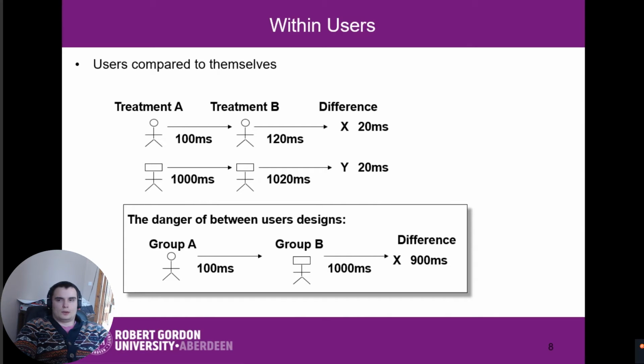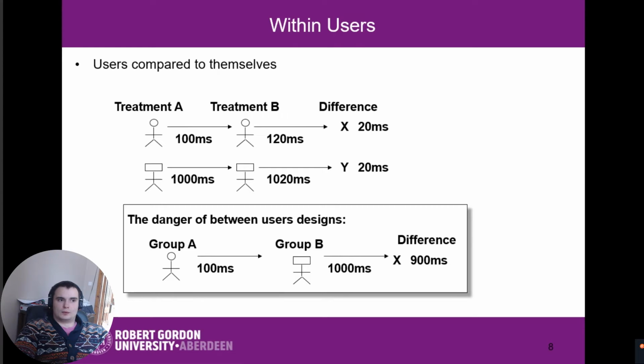They are the people with hangovers. It takes them a second on average to work in treatment A, and then in treatment B, it takes them 1,020. But subtract one from the other, and you get the same number as you do with the round heads. Because they're compared with themselves, the fact that they're overall slower doesn't really matter. It's the difference between the two. That's what matters.